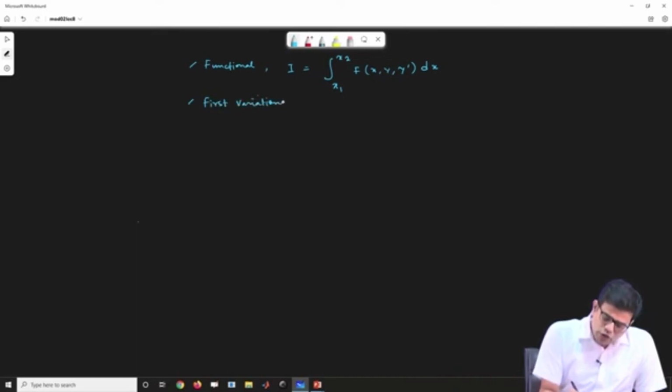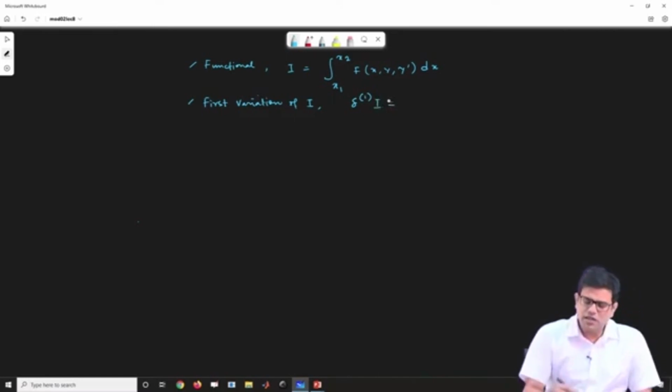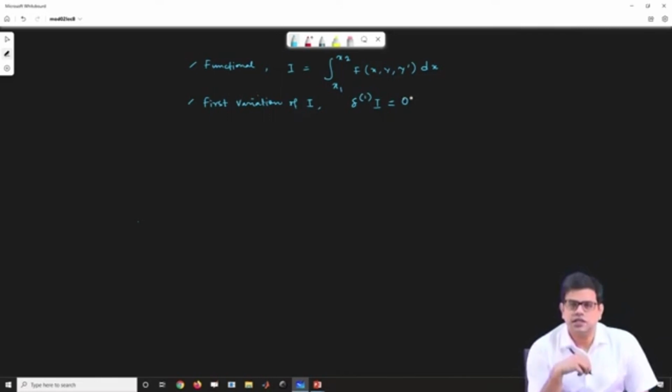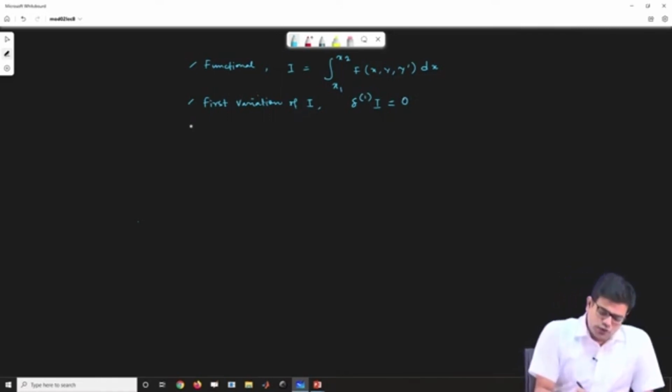We also introduced the delta operator. The first variation of the functional equal to 0 is the extremization condition. In doing so, we found the Euler-Lagrange equation of this functional.